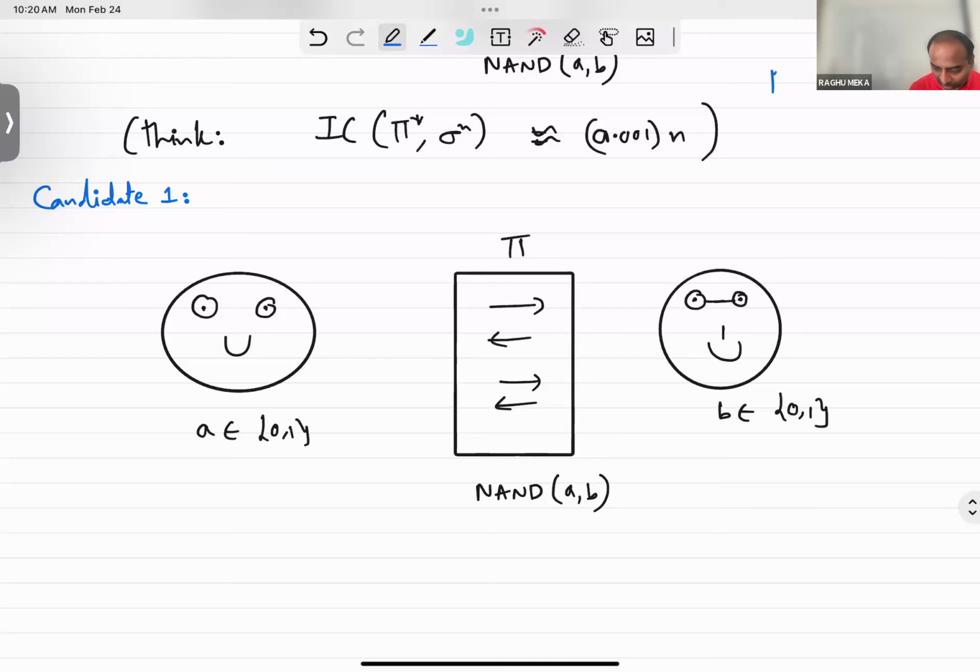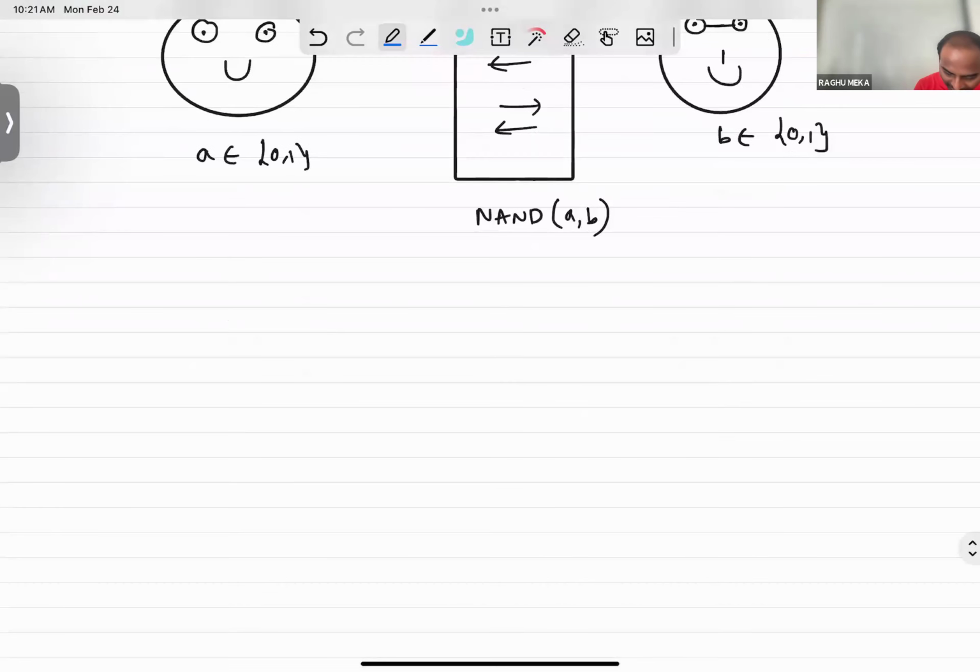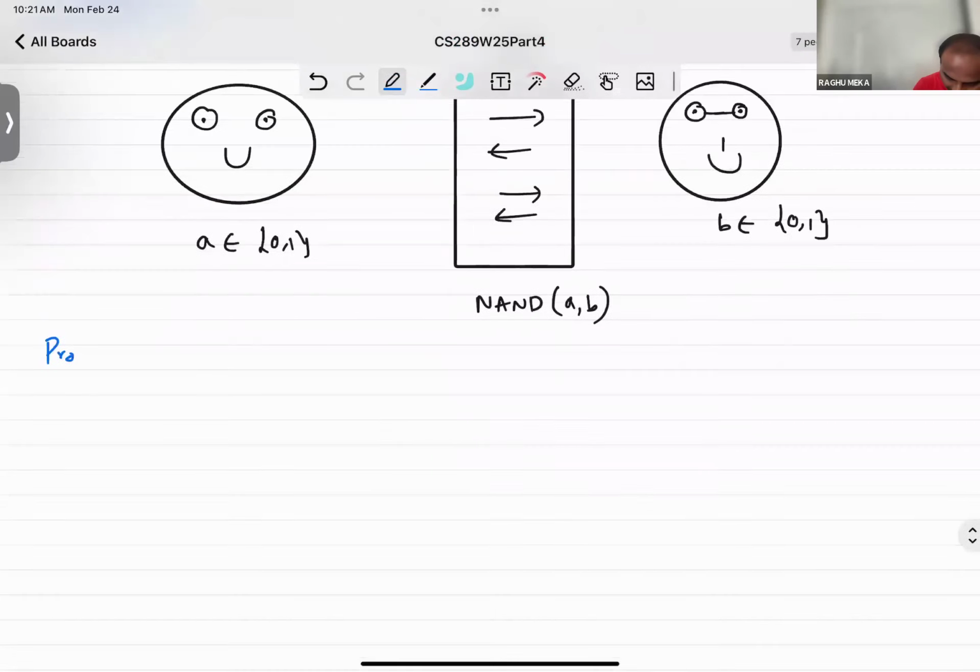But what is NAND? What is disjointness? Disjointness of two inputs x comma y is the AND over i equals 1 through n of the individual NANDs. Okay. So for example, I can just say that here's my protocol.